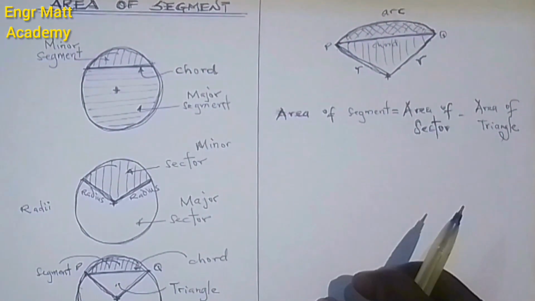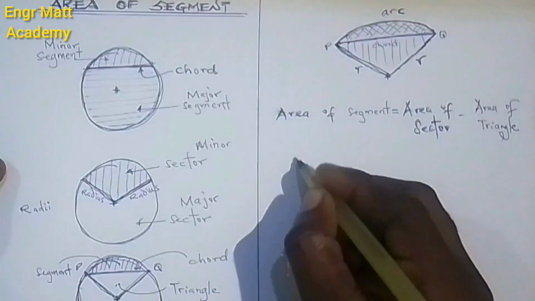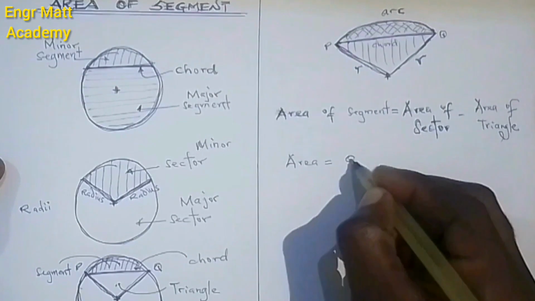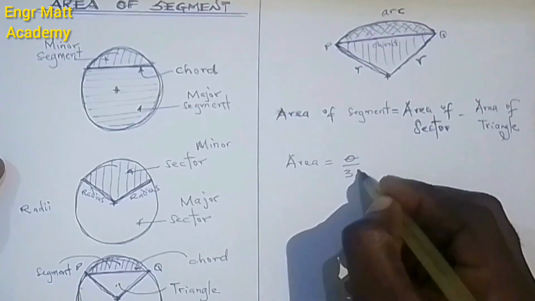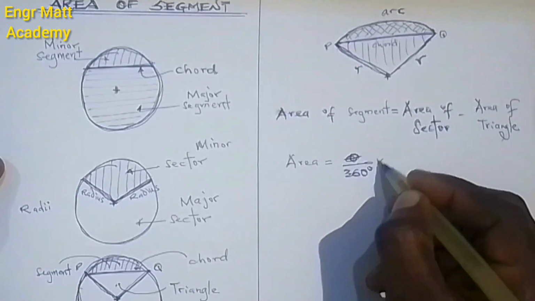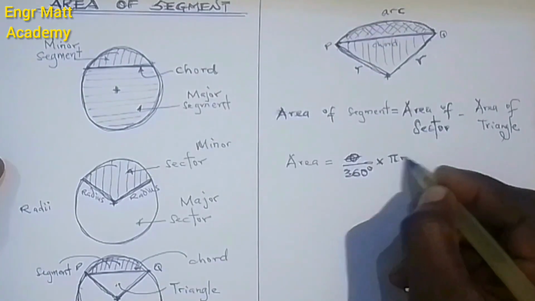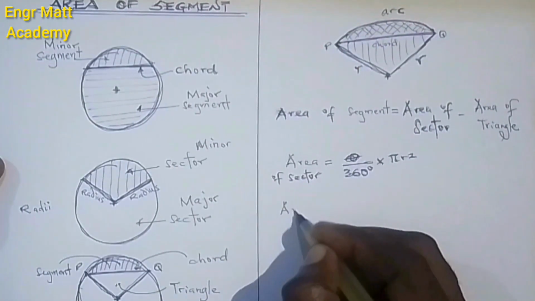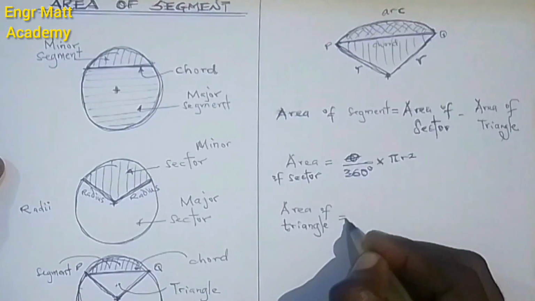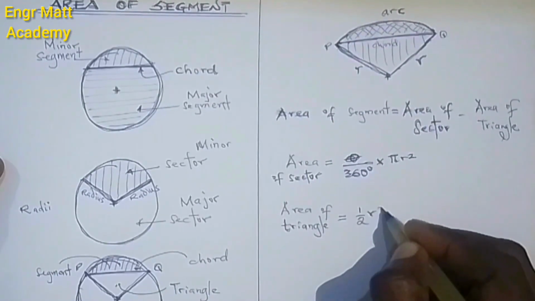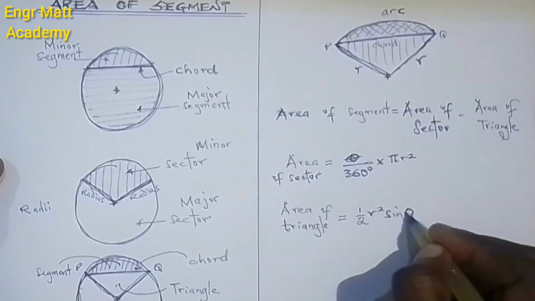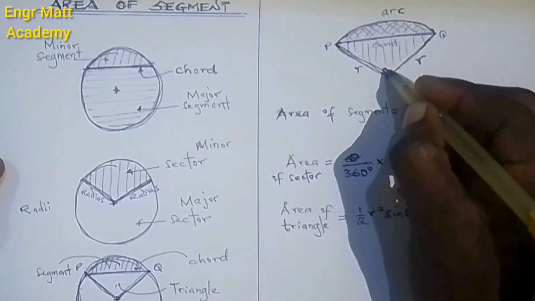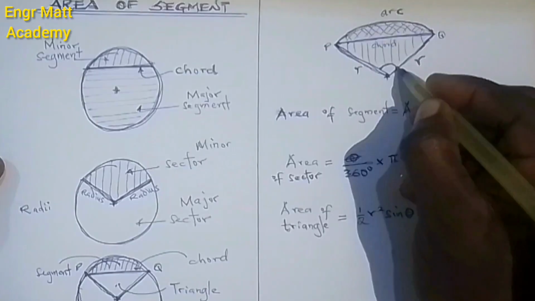Now, what is the area of a sector? Area of sector is equal to theta over 360 degrees times pi r squared, and area of triangle is equal to half r squared sine theta. But where is this theta coming from? That is the angle between these two radii.